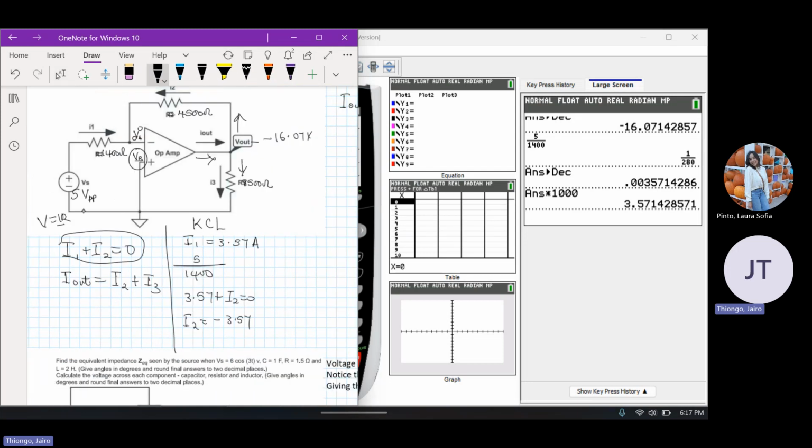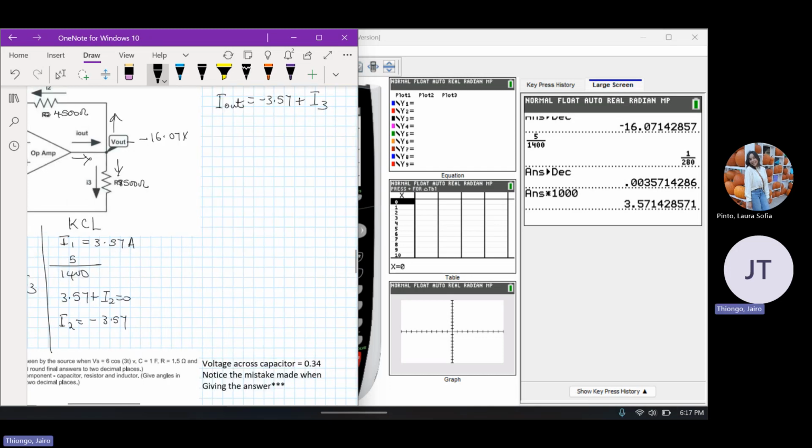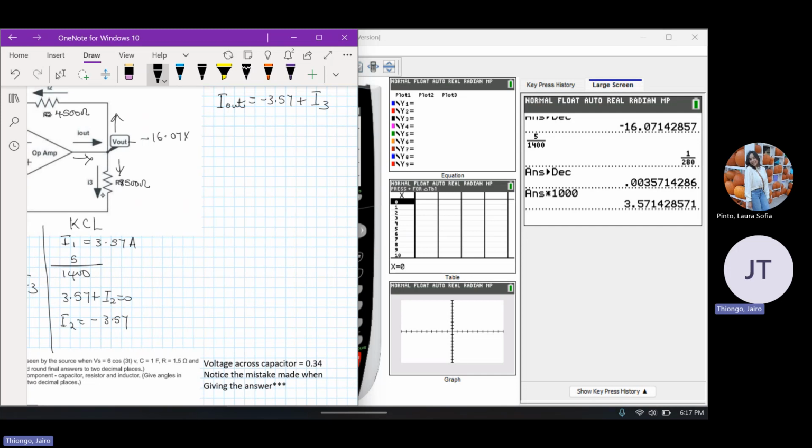And since all this is connected to ground, the voltage here is 0. So the voltage difference here is minus 16.07 and the voltage on this side is 0. So since current I3 is going in this direction, you have minus 16.07 minus 0 over 8500 to find I3.